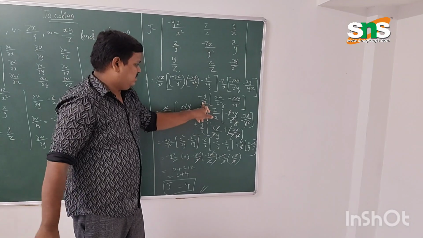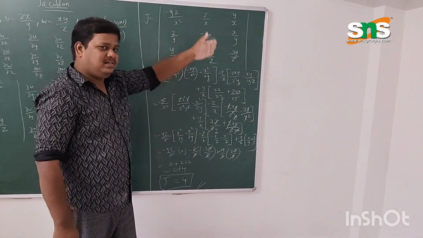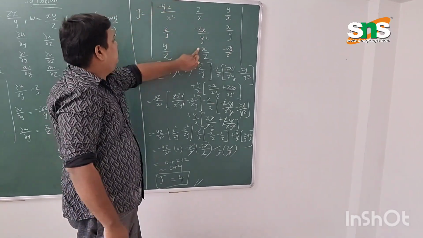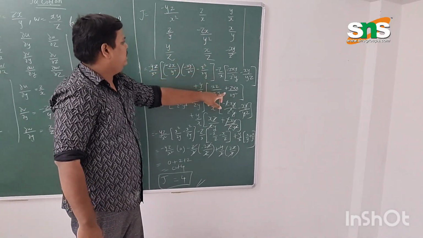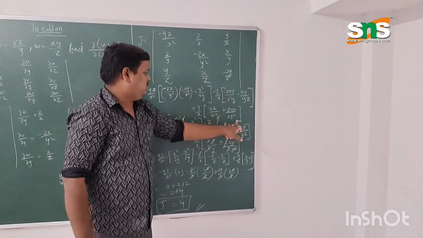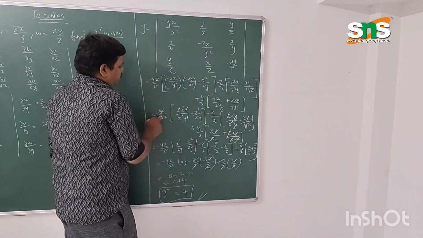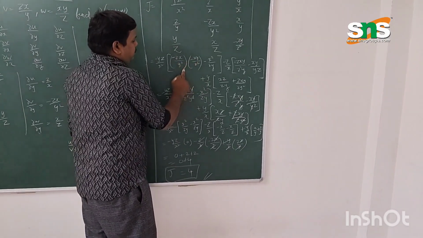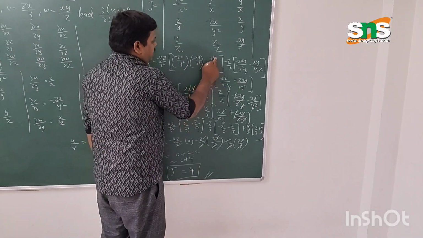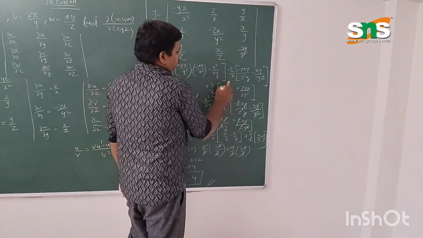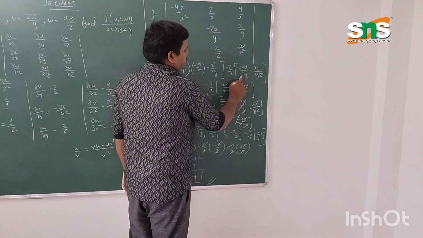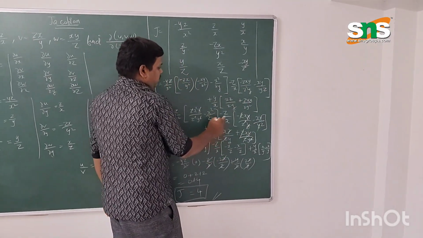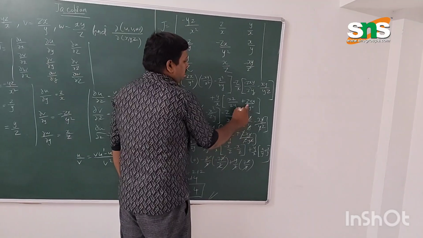Next I keep y by x as it is, plus eliminating the third column and first row, we get xz divided by yz plus zxy divided by y square z.